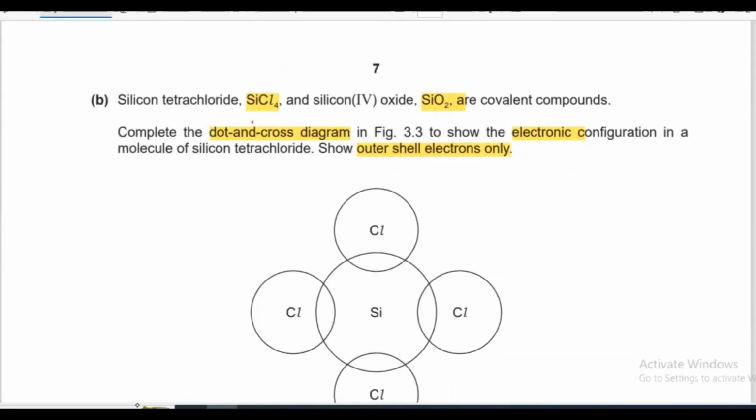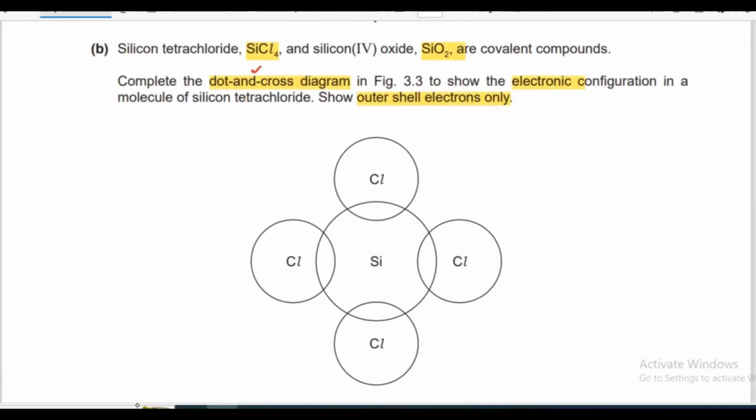This is the dot and cross diagram for silicon tetrachloride. So silicon tetrachloride, Si is in group 4. So it has 4 electrons in its outermost shell. 1, 2, 3, 4. Chlorine is in group 7. It has 7 electrons in its outermost shell. 1, then 2, 3, 4, 5, 6, 7.